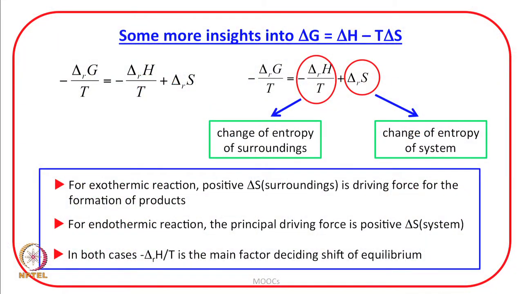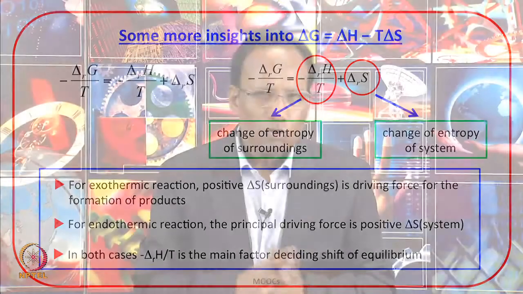Therefore, as commented in the next sentence, in both cases minus delta rH by T is the main factor deciding the shift in equilibrium. So, qualitatively we have discussed how the entropy change in the system and in the surroundings are linked with the equilibrium constant, and how the temperature effect can be explained.